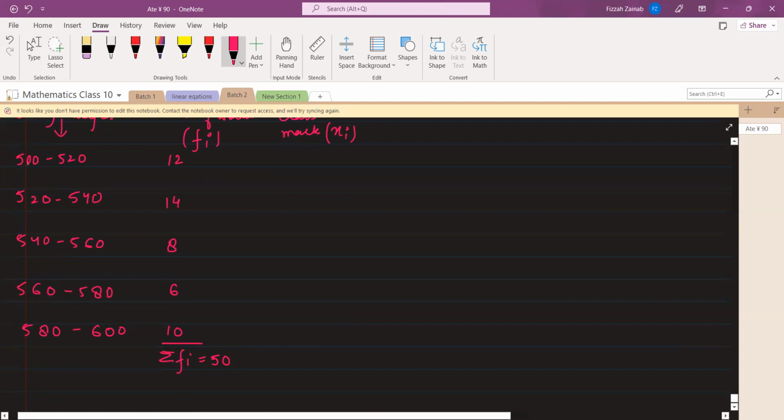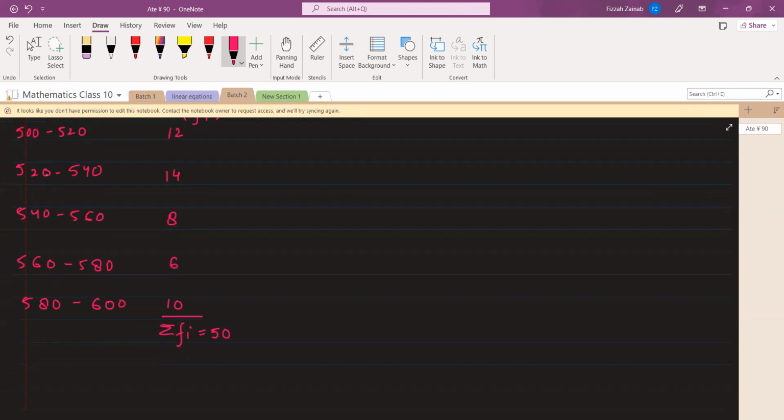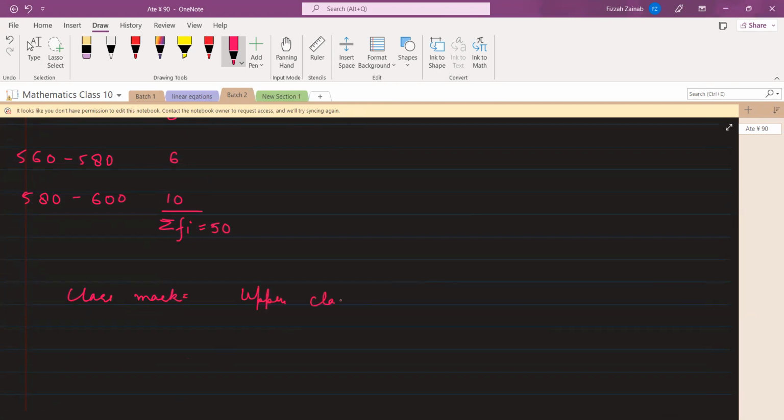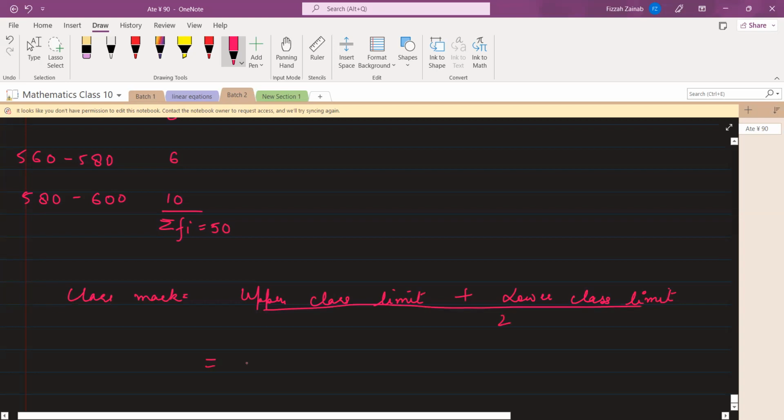It's directly visible here, middle value will be 510, right? But you use your formula: upper class limit plus lower class limit divided by 2. So first, 500 plus 520 divided by 2.